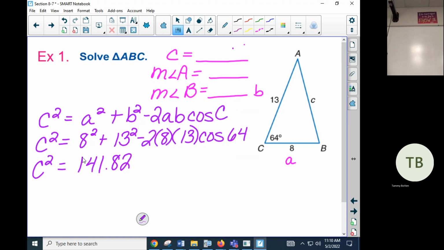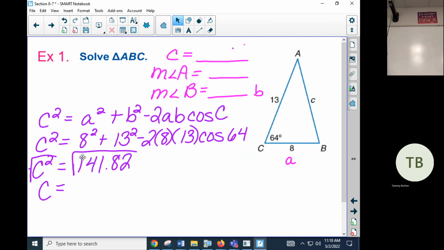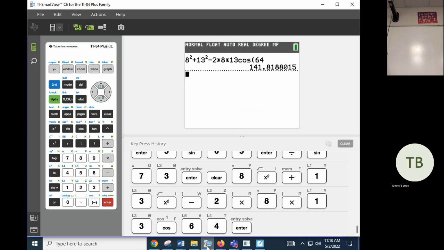Square root. Now, one thing I'm going to be showing you guys today is a way to get the most accurate answers on your calculator. We want to take the square root of that, and I'm not sure if I've shown you this yet, but this answer right here is stored in your calculator as an answer. If we go second and hit our x squared so we get the square root, instead of retyping this, you can pull that whole answer down by going second, and do you see above this negative, there's an ANS right there?